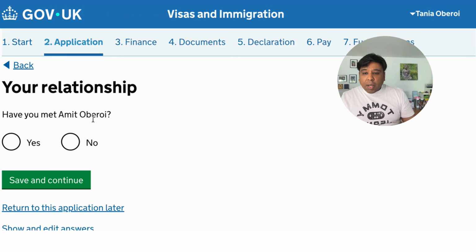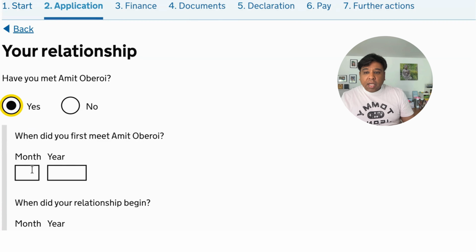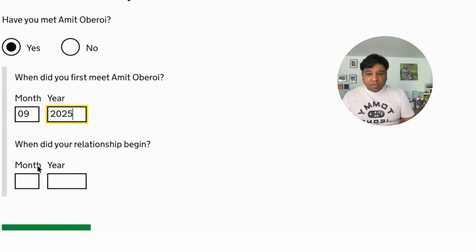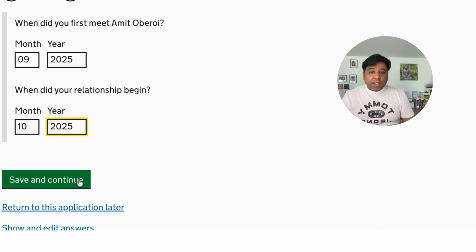Have you met Amit Oberoi? Your relationship? The answer is yes. When did you first meet Amit? Even if you had an arranged marriage, or if you were in a relationship, you need to give details about the relationship, because usually they expect that you've been in a relationship for at least 2 years. If it was an arranged marriage, you can say you met him in September 2025 and finalized the engagement in October. You can write like this. That's when your relationship began.